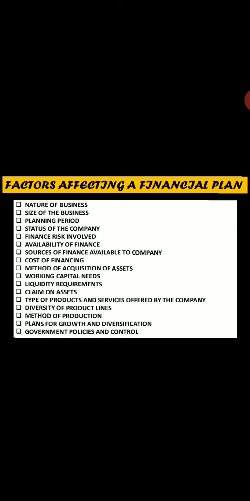Well, moving to the last point under factors, it is government policies and control. What do policies talk about? Policies talk about a certain set of guidelines framed by the government, which companies should adhere to, that is, they have to implement and follow them in the organization.